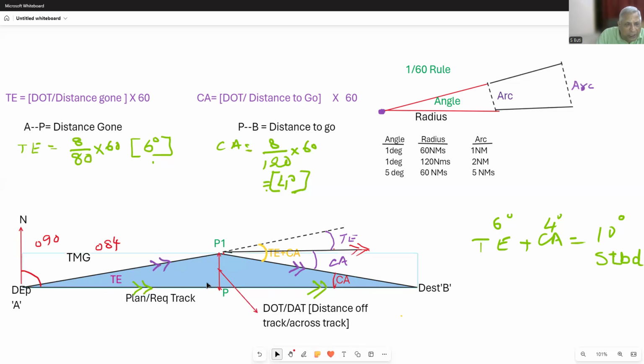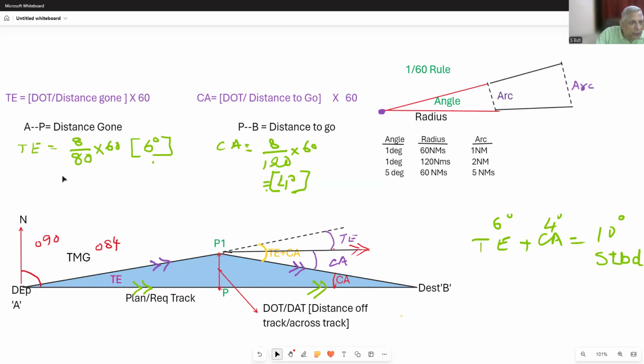And if both these are equal, then your track error will be equal to closing angle. So if your closing angle is more, you are closer to destination. If your track error is more, you are closer to departure. And if both these are equal, you are at midway point. Right? Fairly simple.